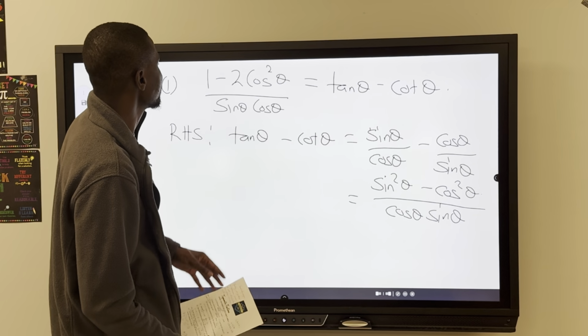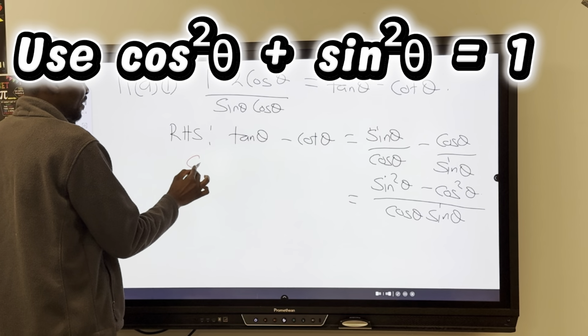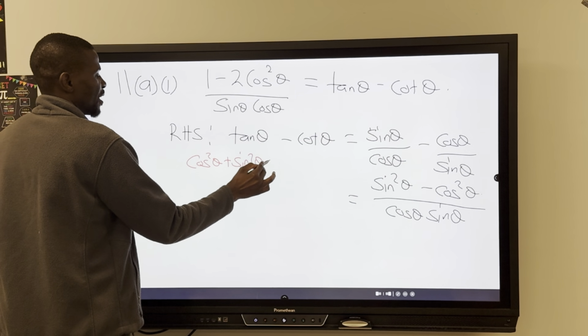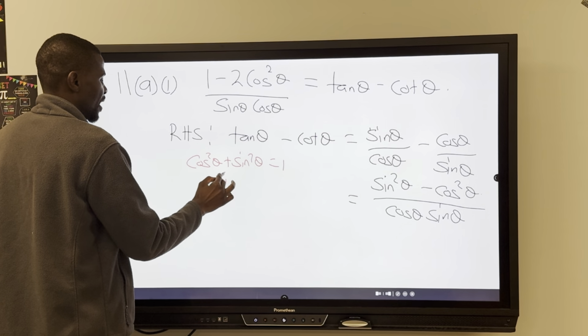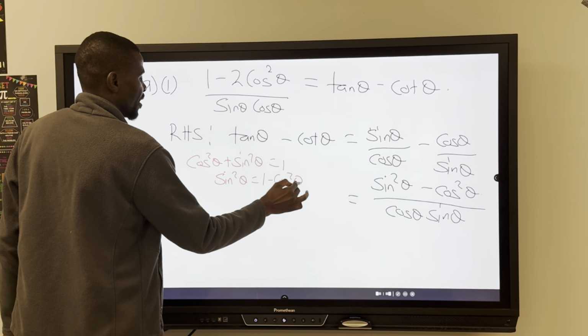But since this one is expressed in terms of cos, and we know from this identity that cos squared theta plus sine squared theta equal to 1, so sine squared theta is equal to 1 minus cos squared theta.